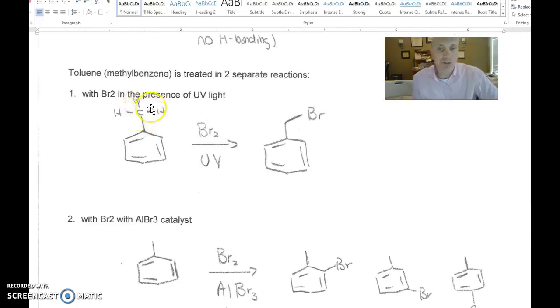This is essentially an alkane type carbon, and these right here are going to be the types of carbons that you have on a benzene ring, obviously. So the first question is, what would the product be if you treat it with bromine in the presence of UV light? When you see the halogen with the UV light, you should think radical mechanism.